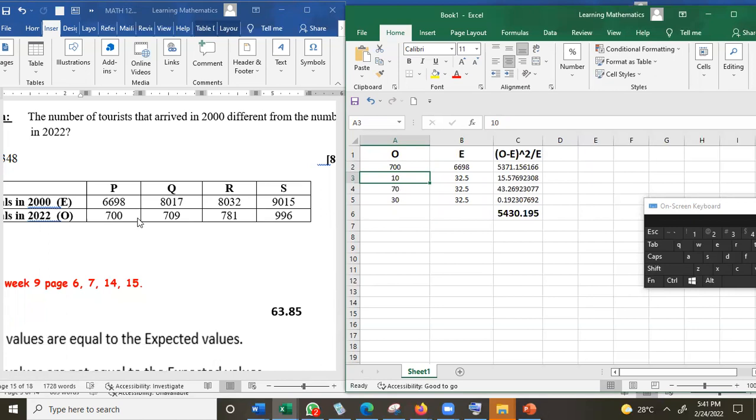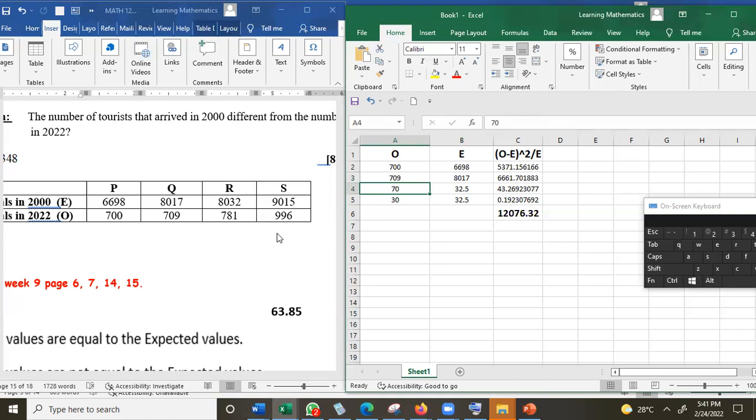And we all know why. You observed 709, but what you expected was 8017, because that's what happened in the year 2000, sorry. Please bear that in mind. The expected is what happened, so you expect it to happen. If something happened already, you're expecting it to happen. And the observed is what happened now.